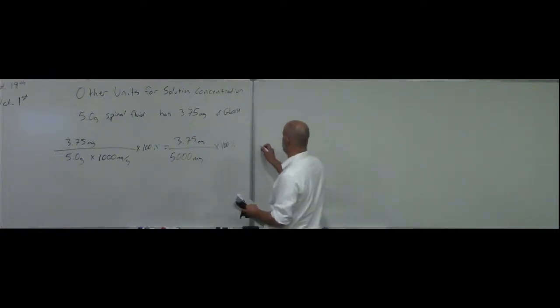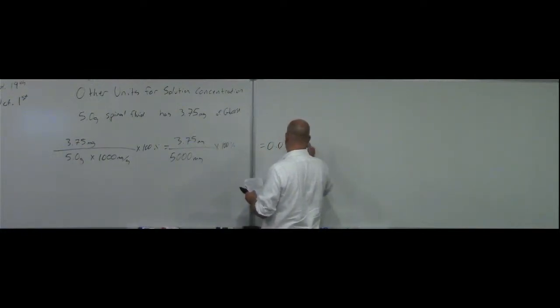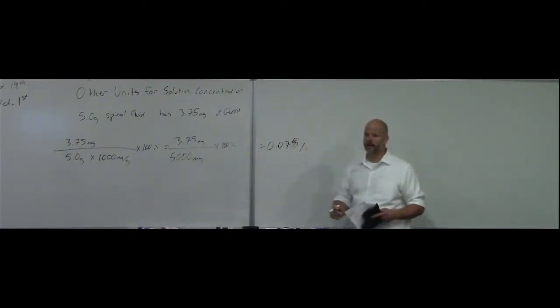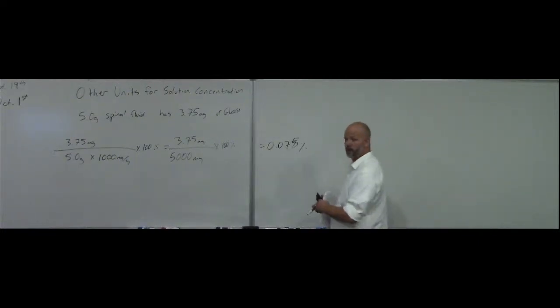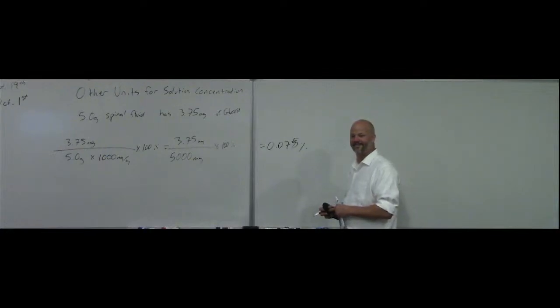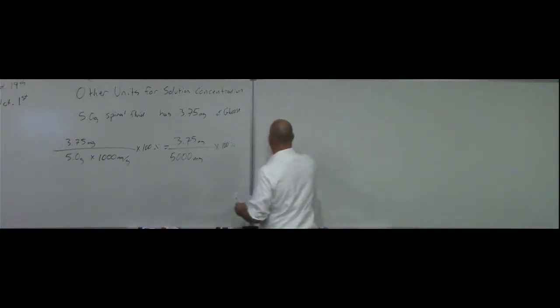Good. Means that I did it right. 0.075%, right? That is the correct answer. Do you guys get that same answer? Okay, good. I tried to multiply by 100. I'm a couple zeros off, but yeah. No worries. Okay.